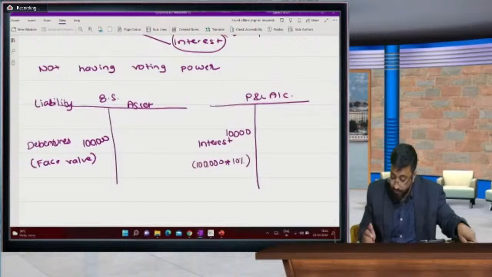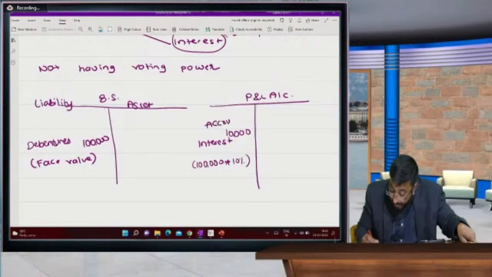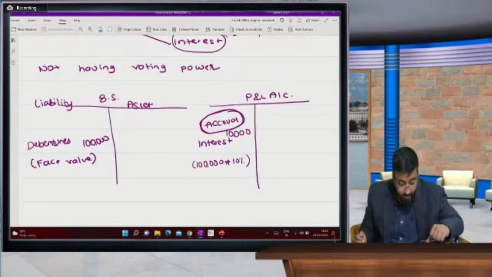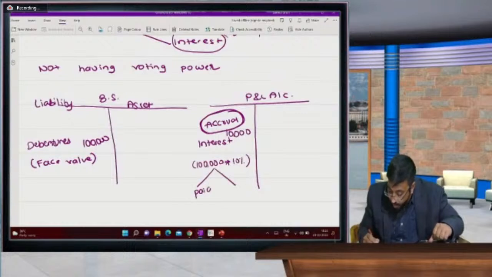Remember, interest is always based on the accrual concept. So payment is not important. Suppose out of this you paid 8,000 and payable is 2,000.